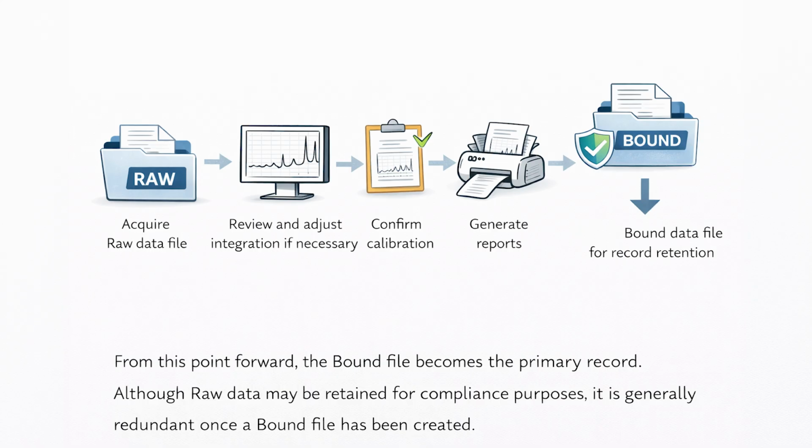Open the bound file. Review and adjust integration if necessary. Confirm calibration. Generate reports. Rebind your file. After acquisition, your bound file is the primary record. Although raw data may be retained for compliance purposes, it is generally redundant once a bound file has been created.